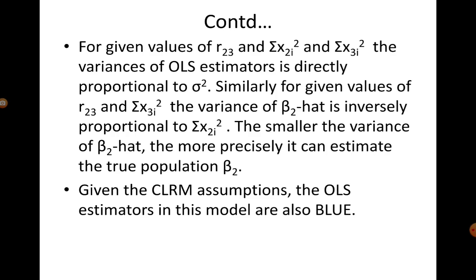Once again, if you have a look at the formula of the variance for beta 2, you can see that given a value of R23, that is the correlation coefficient between x2 and x3, and summation x2i square as well as summation x3i square, the variances of the OLS estimators beta 2 and beta 3 will be directly proportional to sigma square.